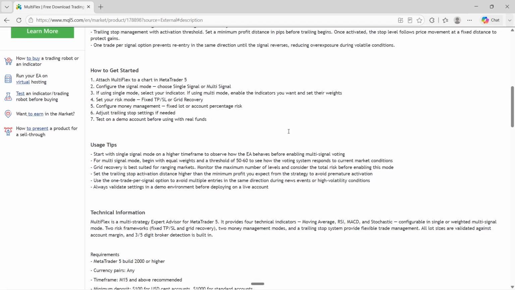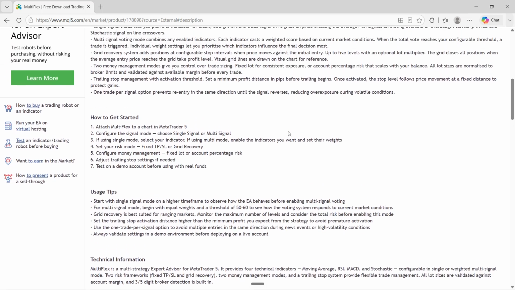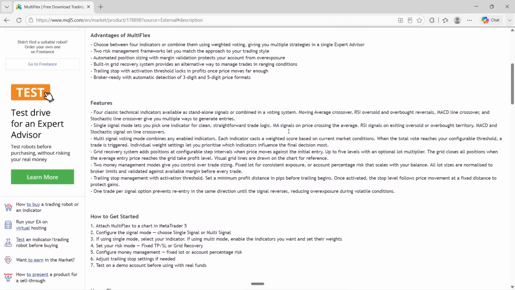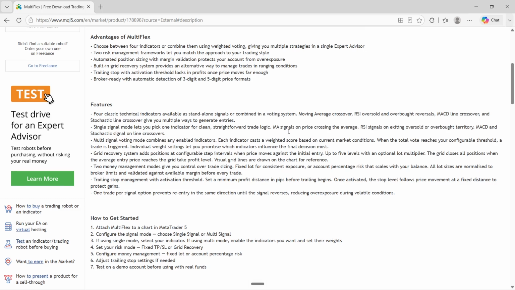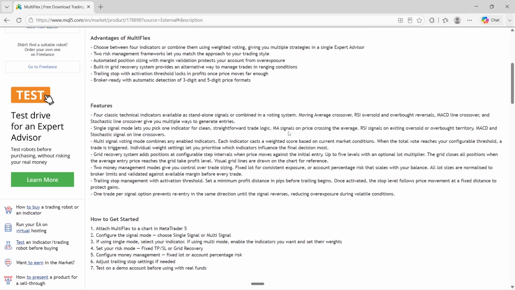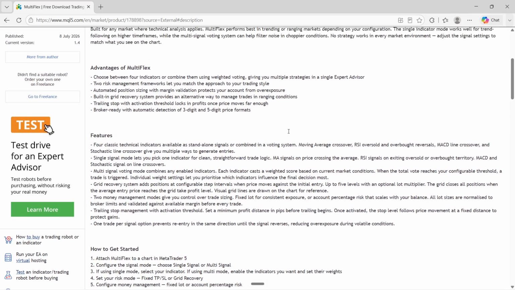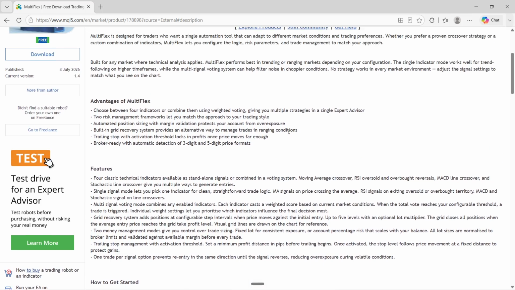As for the features, the key features include the single or multi-signal voting architecture, fixed TP/SL or grid recovery modes, fixed lots or percentage risk money management with margin validation, trailing stop, automatic 3 or 5-digit broker detection, and full parameter control for each indicator.